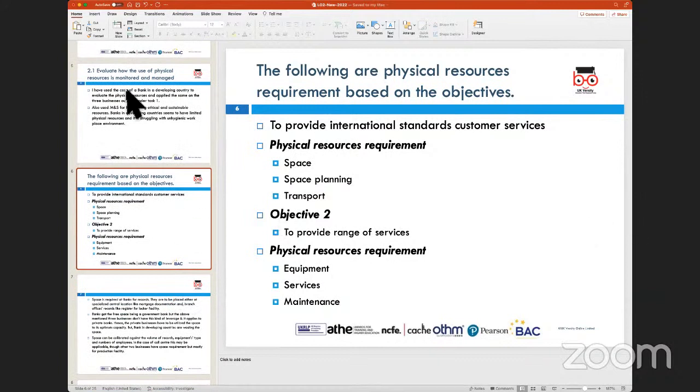So when we talk about how we evaluate the use of physical resources, and how we manage and monitor them, you need to take an example. The example I gave earlier, which I'll stick to, is COVID vaccinations.